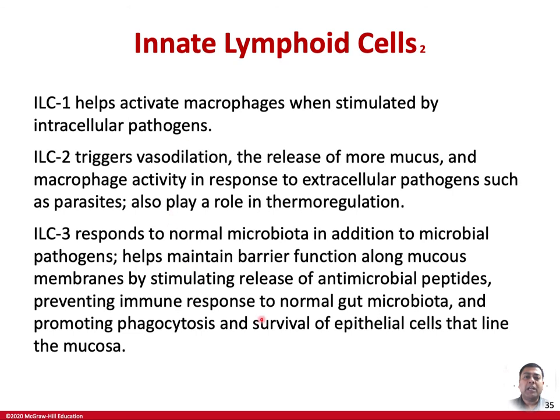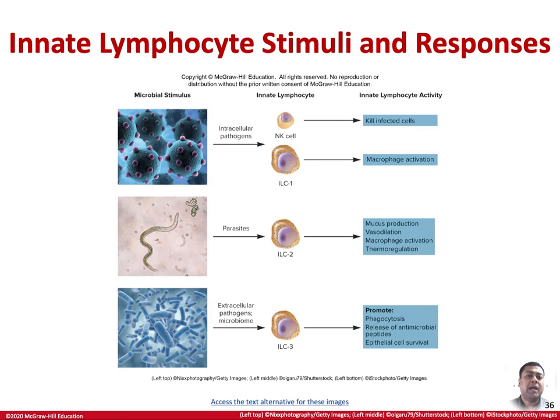So these are innate lymphoid cells. Not all lymphoid cells are like this, but ILC1, 2, and 3 are responsible for the innate immune response, whereas the specific lymphoid cells, the lymphocytes like T cells and B cells, are mainly the cells of your adaptive immune response that we're going to talk about in the next chapter.